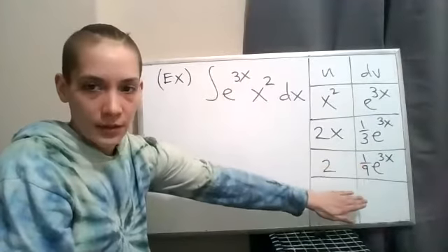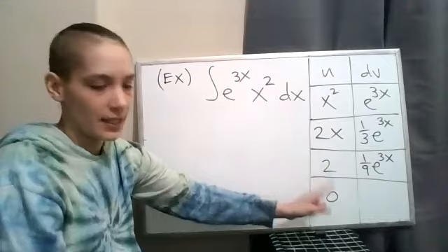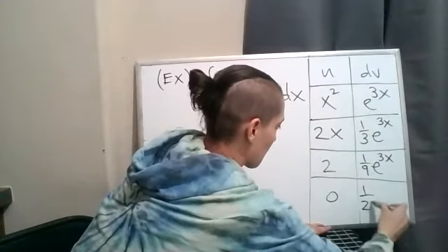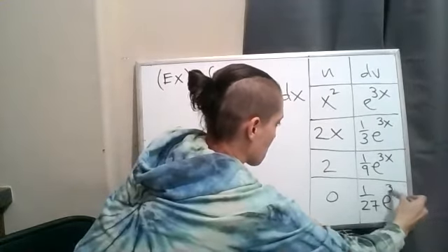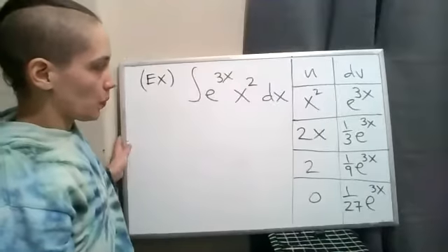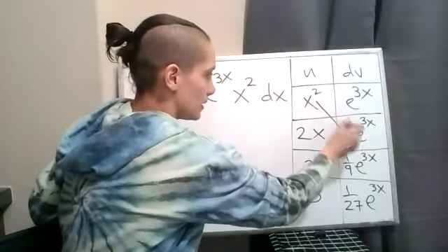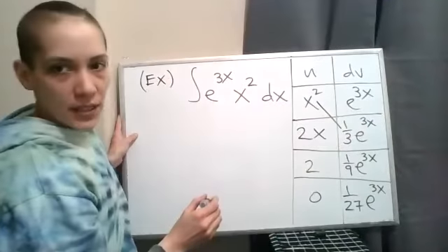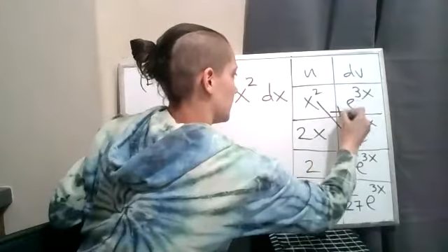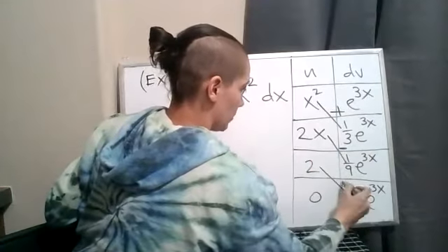And one more integral of that is going to make this 1/27 e to the 3x. And then we multiply this with this. It's positive. The next one we subtract. So we have a plus sign. And this to this is going to be minus. Here to here is going to be plus again.